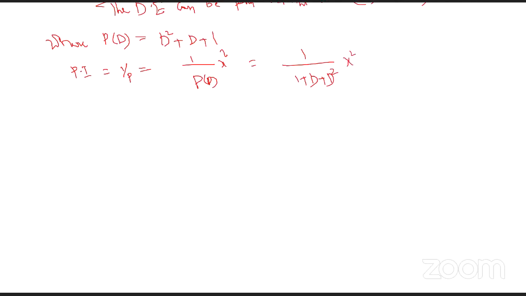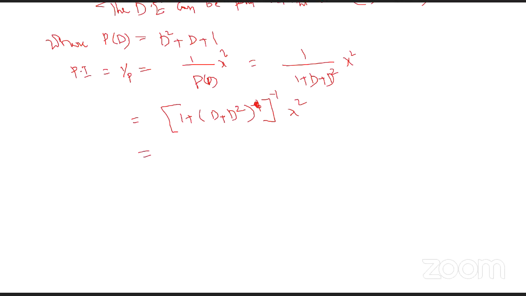This can be written as (1 plus D plus D square) whole to the power of minus 1 into x square.